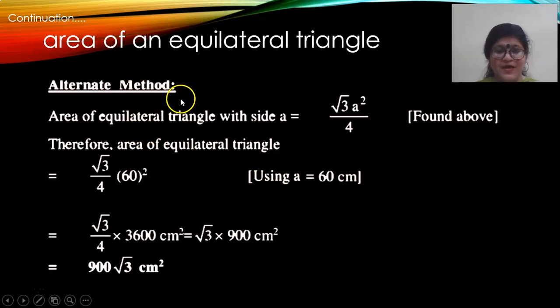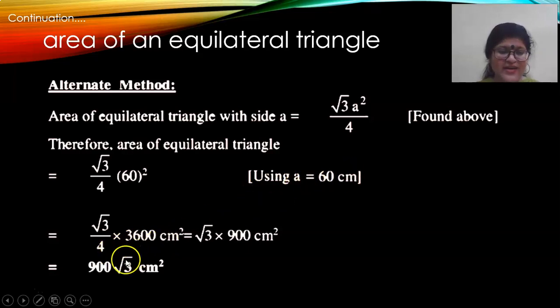Alternate method. Now that we know the area of the equilateral triangle, we will find out the area of that triangle by using the formula directly. Now this is the area of the equilateral triangle, root 3 upon 4 side square. You know that each side is 60. We saw that in the previous slide. So root 3 upon 4 into 60 square, where you're using a as 60.